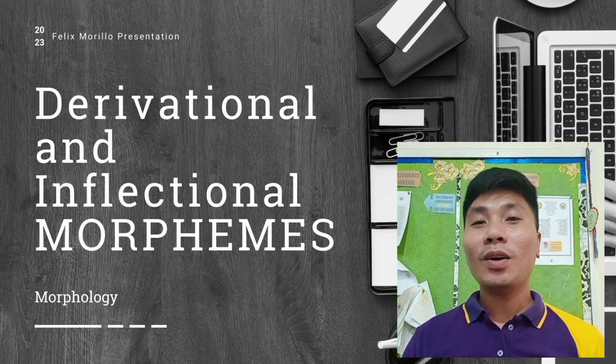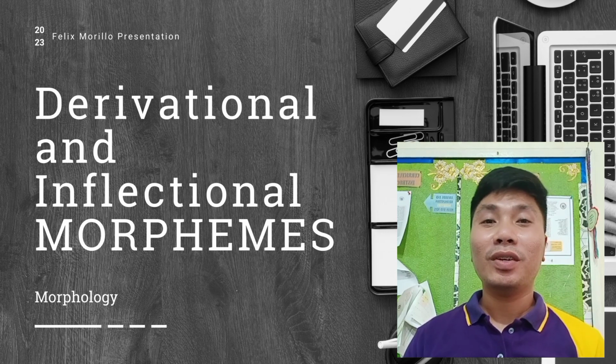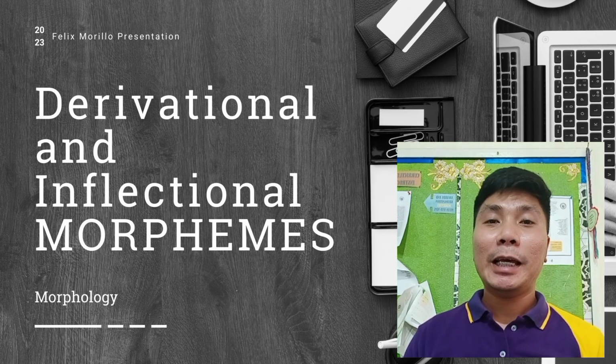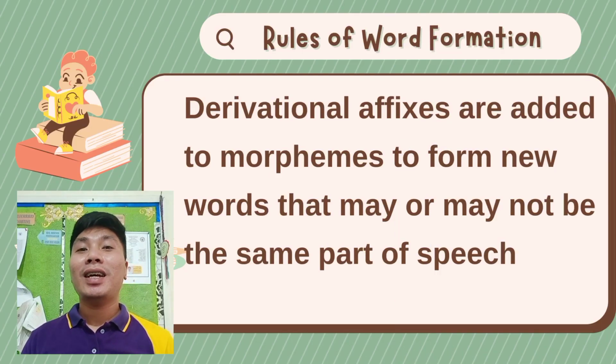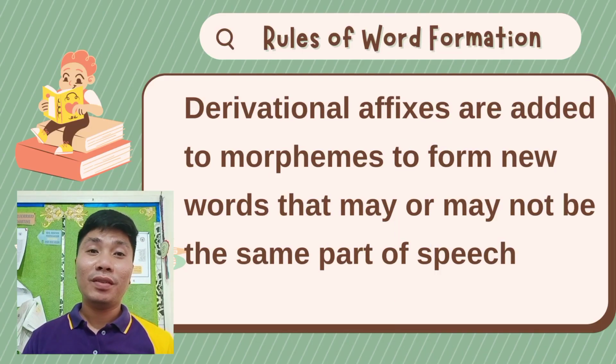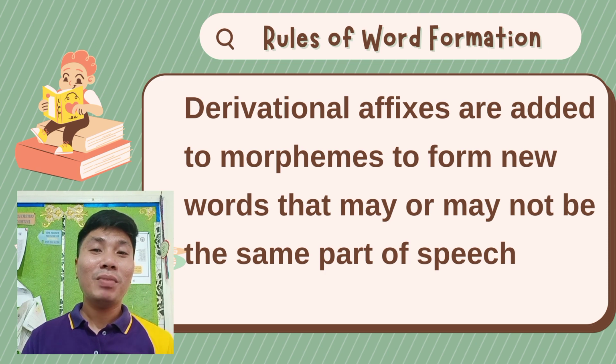And now let's talk about the types of bound morphemes, which are derivational morphemes and inflectional morphemes. Derivational morphemes include affixes which are added to morphemes to form new words that may or may not be the same parts of speech.